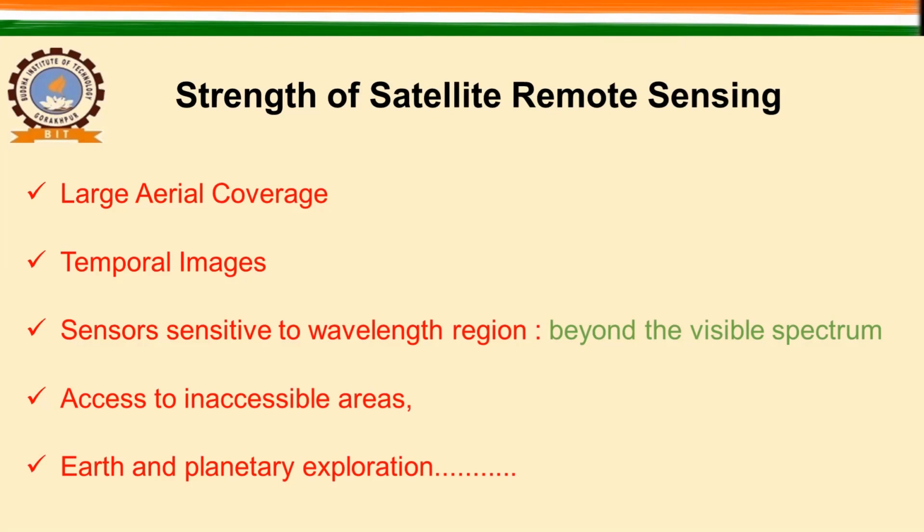Our eyes are limited to the visible range, whereas these sensors are capable of measuring the energy reflected, emitted, and back-scattered in other wavelength regions also. Okay, and access to inaccessible areas, then Earth and planetary exploration.